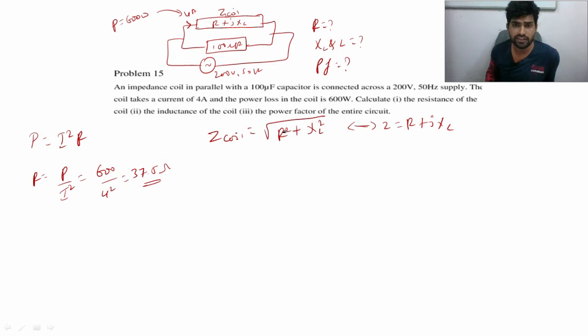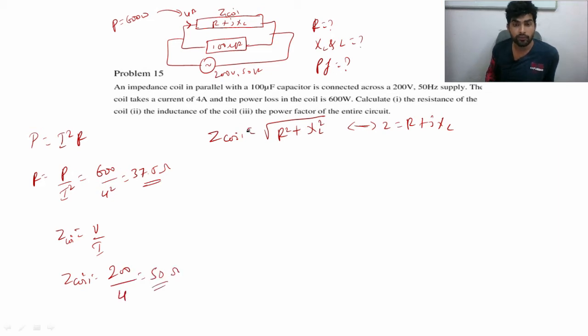We need to calculate XL because R we already know. Z coil we don't know, right? So how to calculate Z coil? Z is equal to V by I. The voltage is the same for both branches because this is a parallel circuit. So Z coil is equal to V, 200, divided by I, which is 4. Definitely we get 50 ohm.